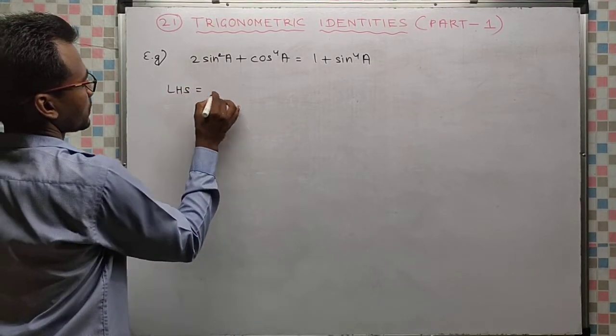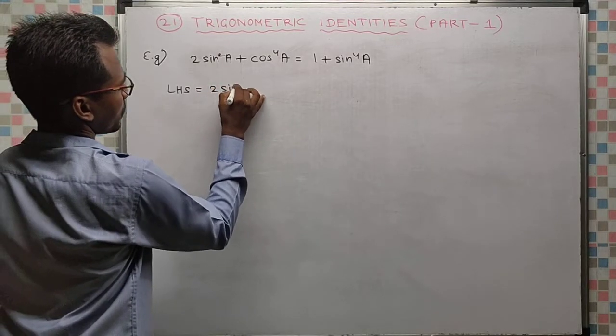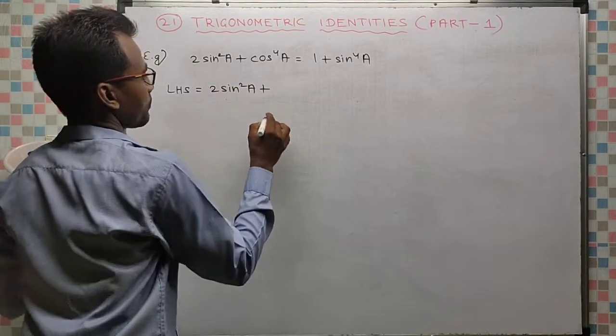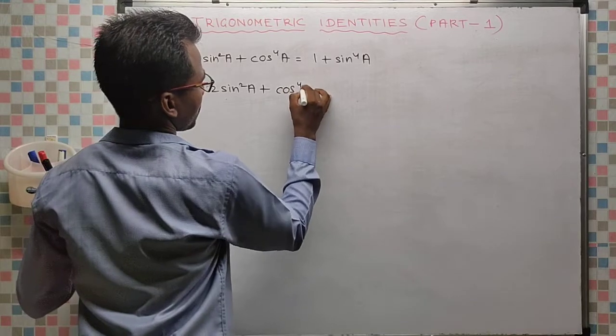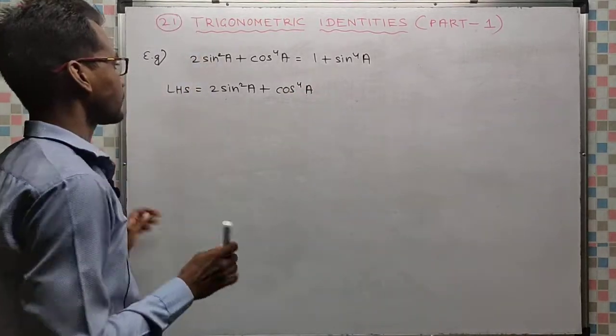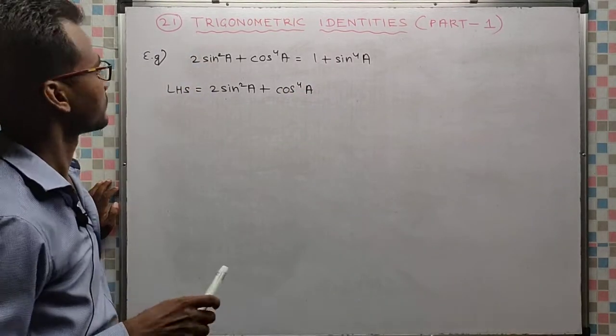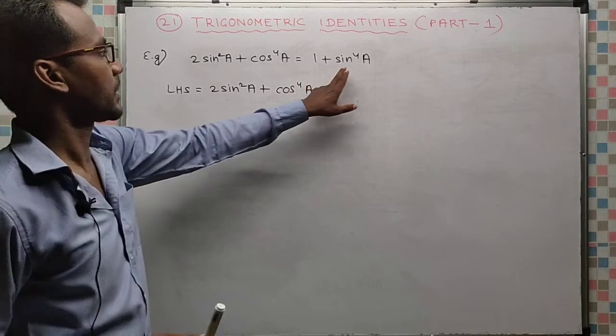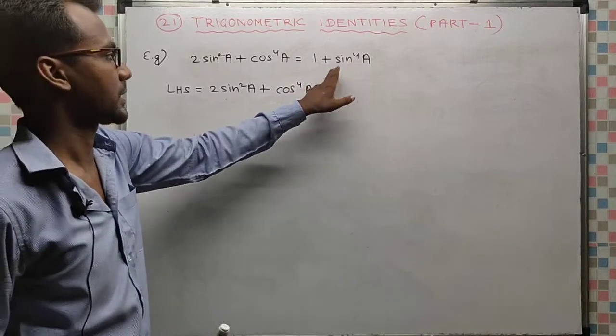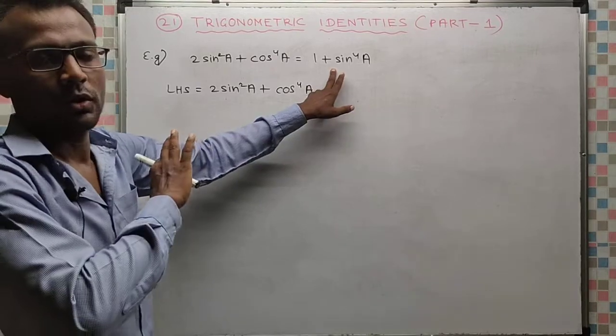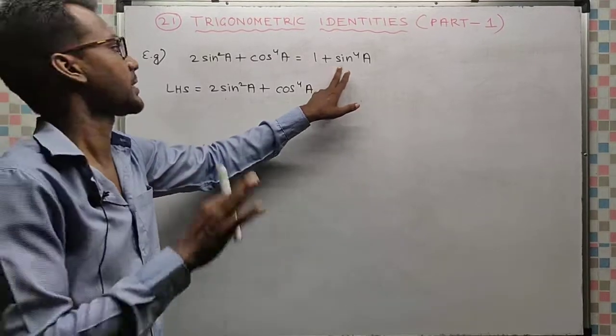LHS is equal to 2 sin square A plus cos power 4A. Our target is to convert everything to sine. You can see that on the right hand side there is no trigonometric ratio other than sine.